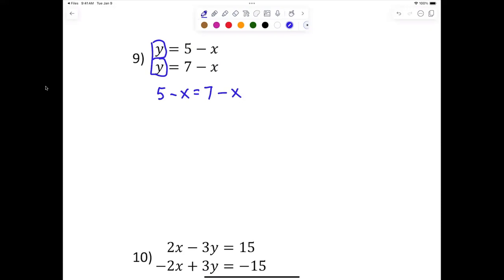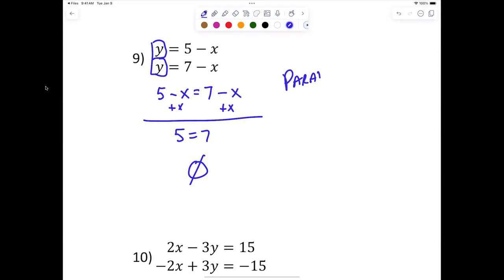Now what happens? You add x to both sides and the x's cancel. So 5 equals 7. No solution. All right? You're supposed to be able to look at those and say they are what? Parallel lines.